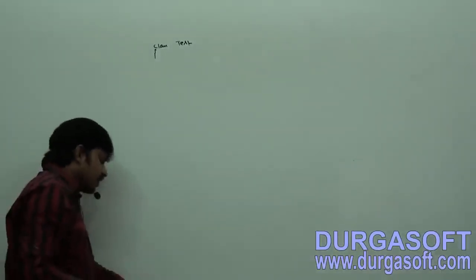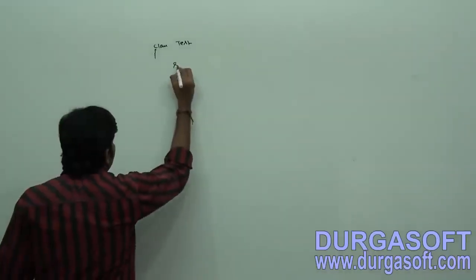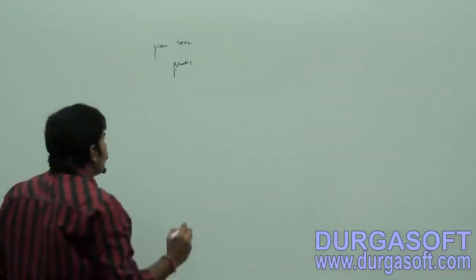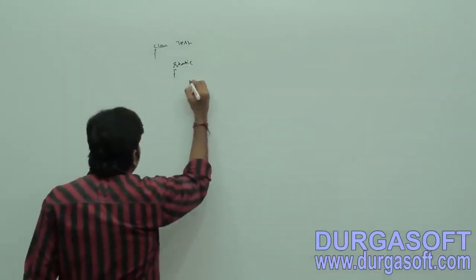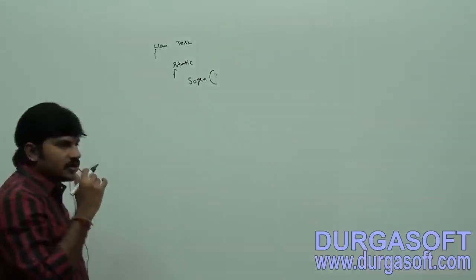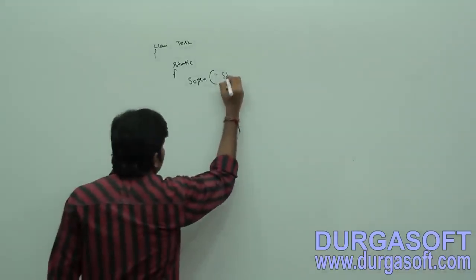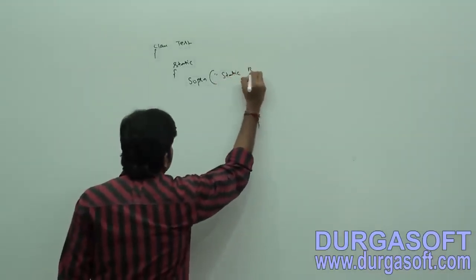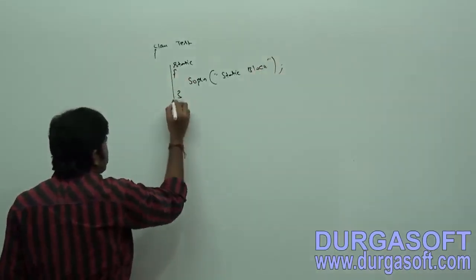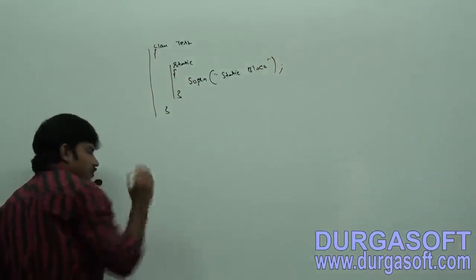Within that, I am taking a static block, and within the static block, System.out.println("static block"). This is my code.